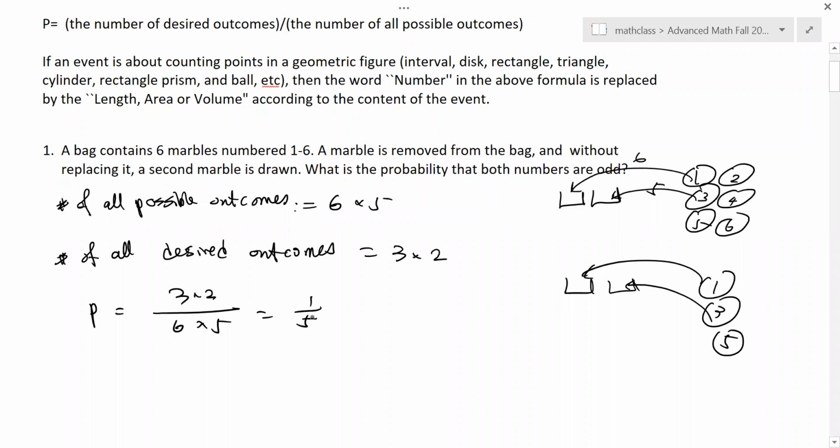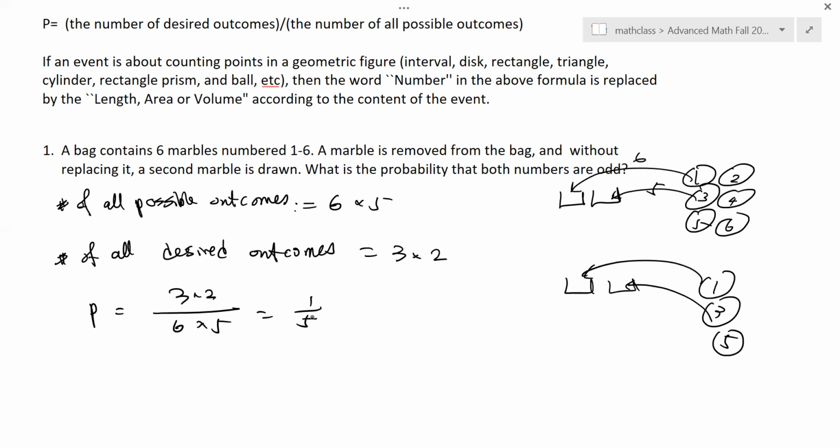Now, if we modify this problem a little bit, say the first number must be odd and the second number must be even, it's still the same idea. For example, what is the probability that the first number is odd and the second number is even?